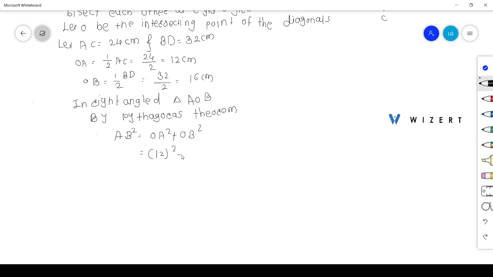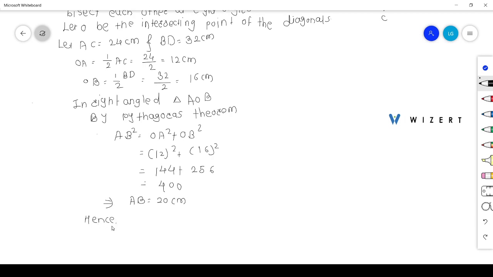So it is 12 square plus 16 square. So 144 plus 256 will be 400. Taking square root on both the sides, we get AB equals 20 centimeters.